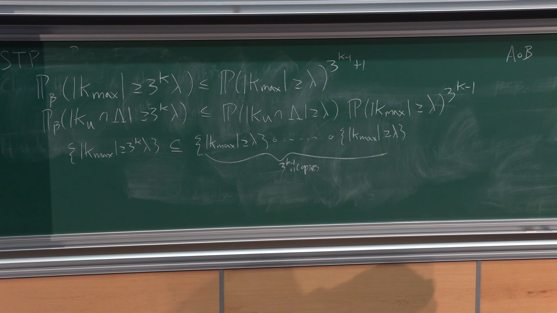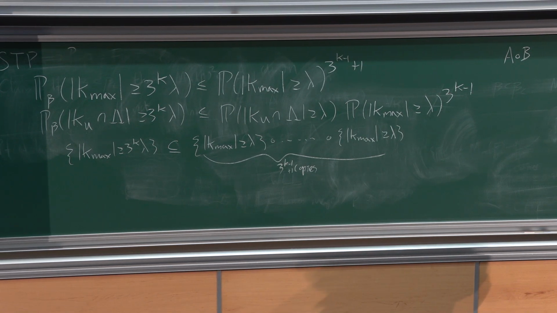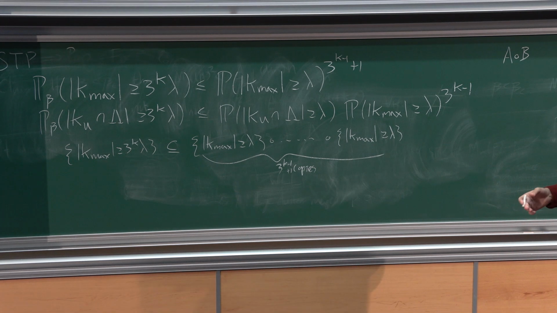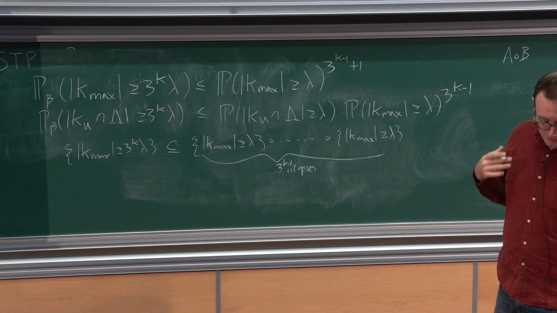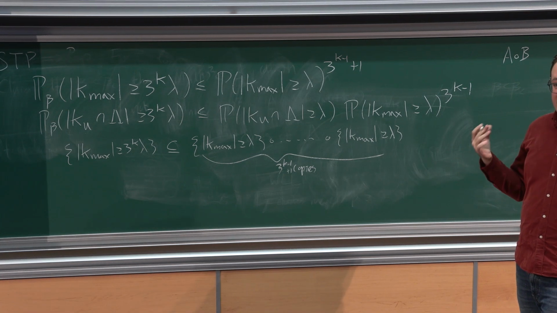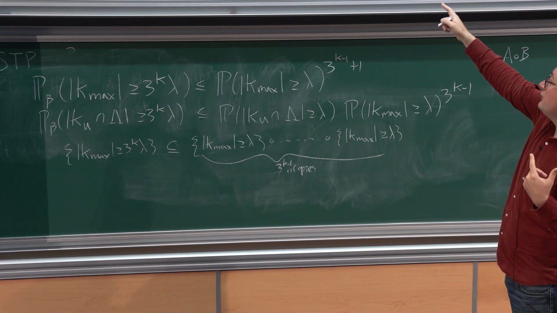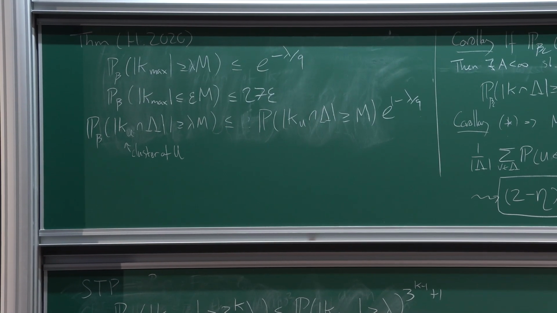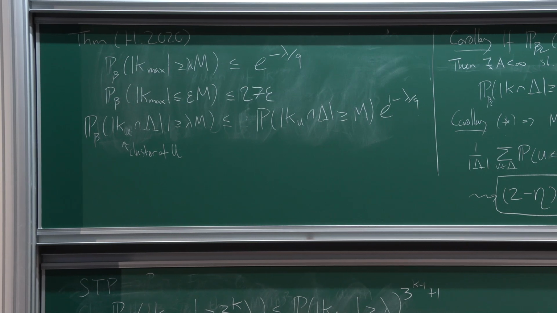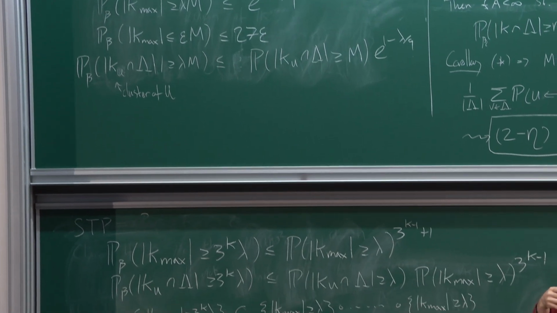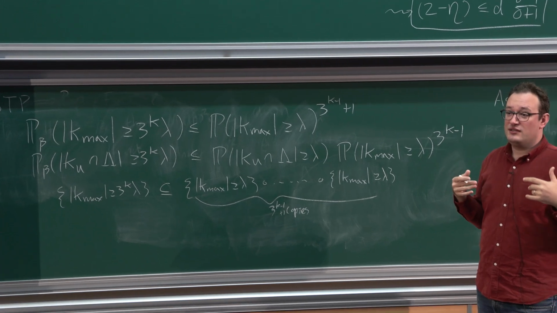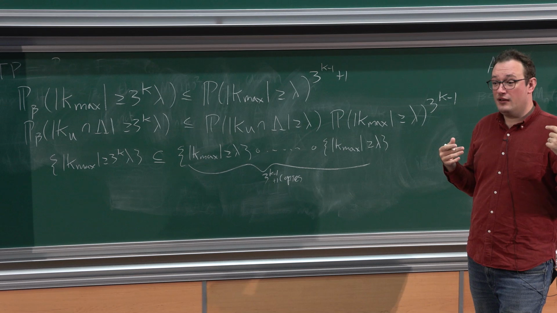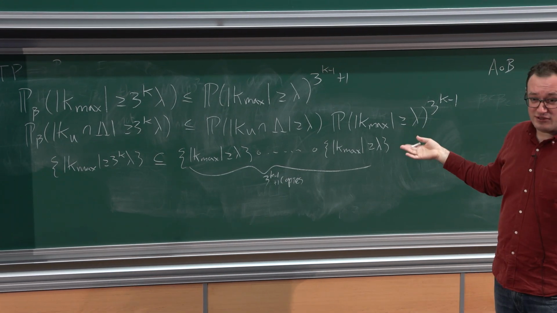Okay? And this is just a purely graph theoretic fact, right? And so really the combinatorial lemma, which I won't write down, just says if you have a graph and a distinguished set of vertices, which will correspond to our intersection of the cluster with lambda, then you can always take a large number of disjoint sets of edges, so that each set of edges spans a connected graph, which is of course a key point because they need to be connected in order to tell you that you have a large cluster.